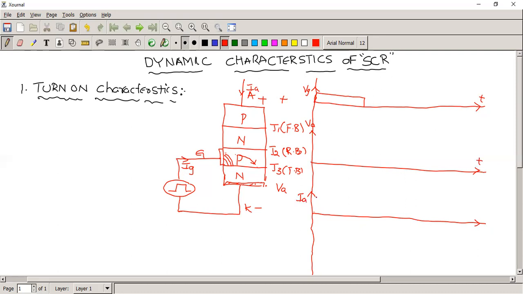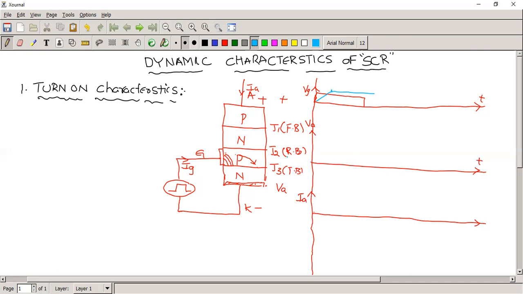So whenever you apply the voltage here, the gate current, if the gate current is there, slowly increases and reaches the steady state value. See, this is the transient behavior of the gate current in this region. This is the transient behavior.